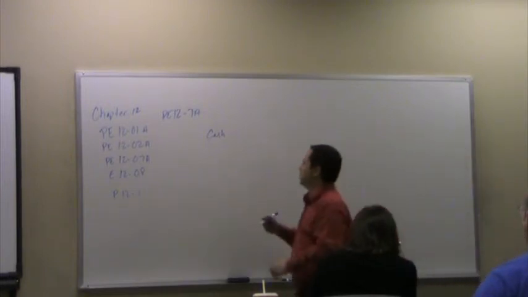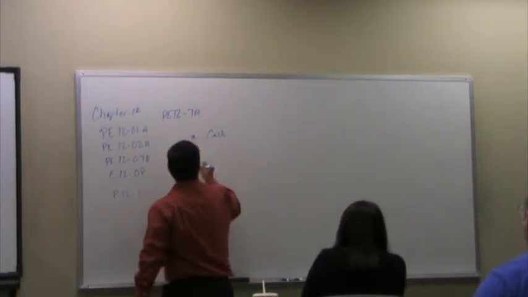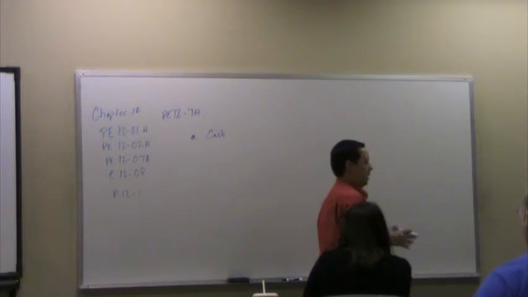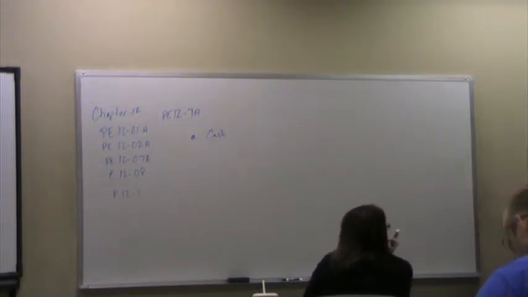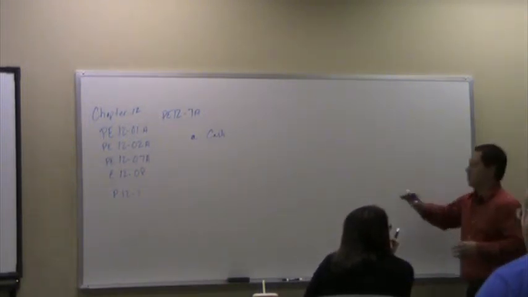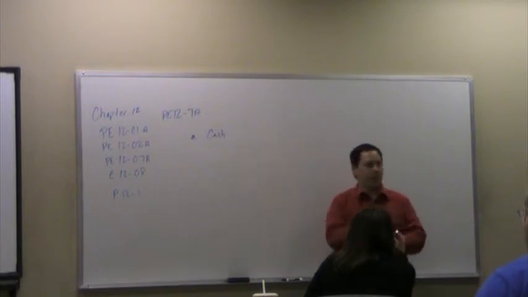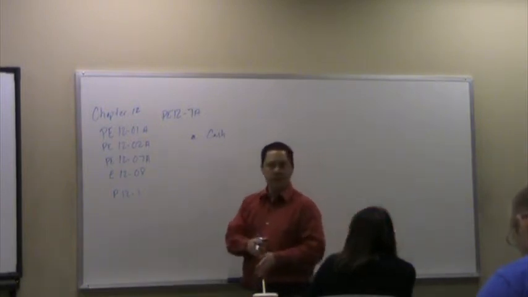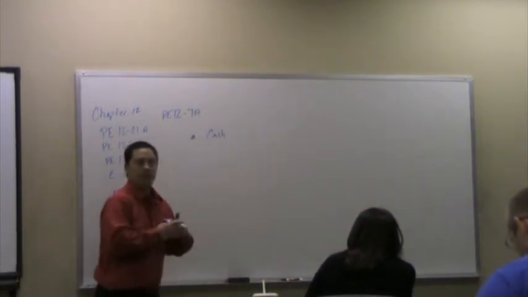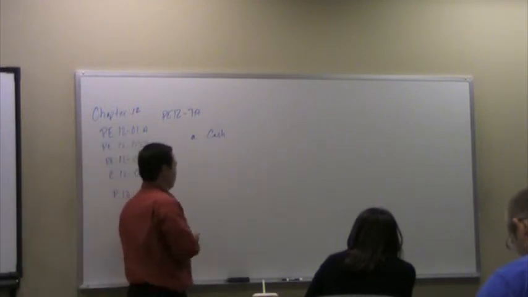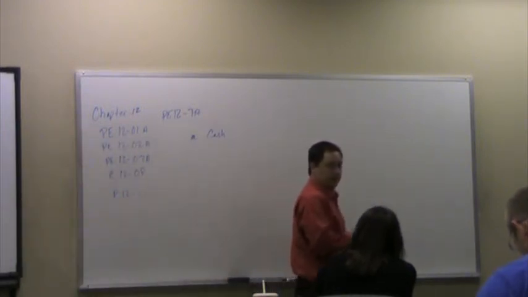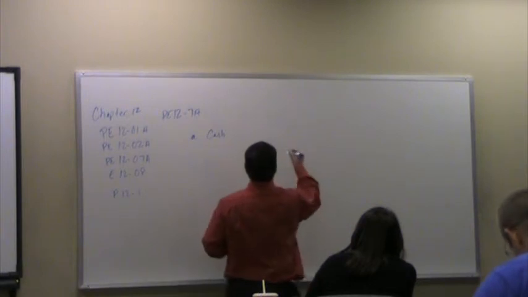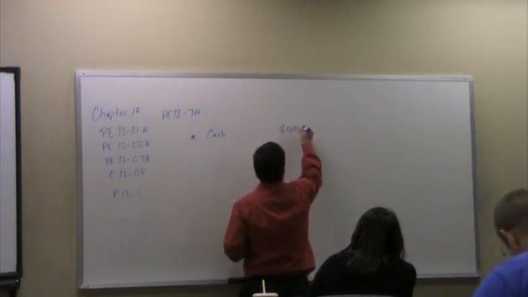All right, as you're taking a look at this problem, what you'll see is that we're getting some money in, right? That's why we're going to debit cash. We debit cash because that's why we are doing this note, to get money in so we can do anything with expansion or whatever we're going to do. So how much money are we getting in? 80,000. All right. What then do we owe?